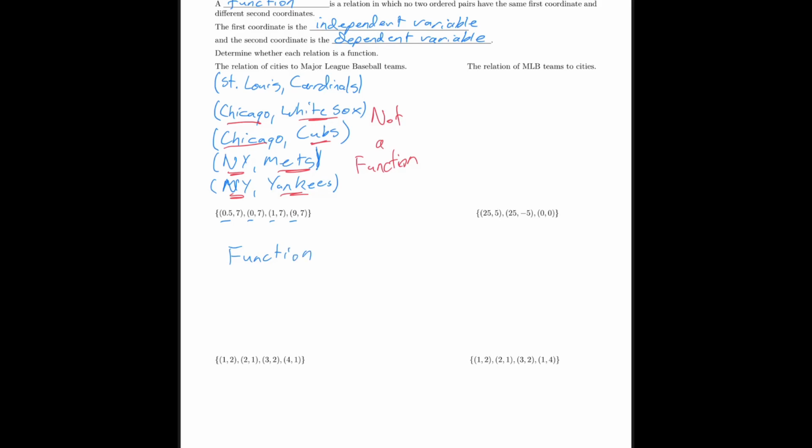And if we look at the last example here, we'll see that here all of the first coordinates once again are unique and get uniquely paired up with a y coordinate. So all the first coordinates are different. So this would also be a function. So once again, go ahead and take a few moments, pause the video, and try the three problems on the right.